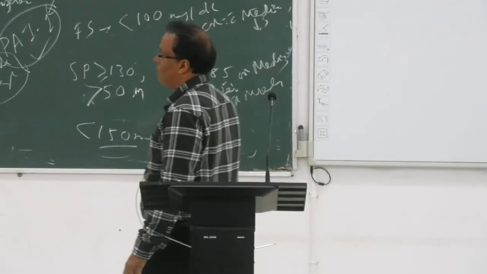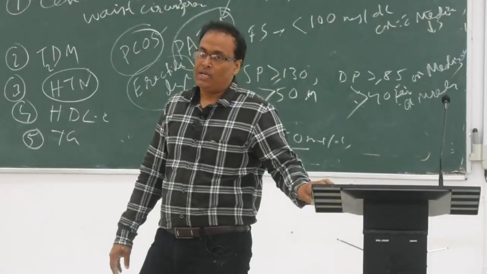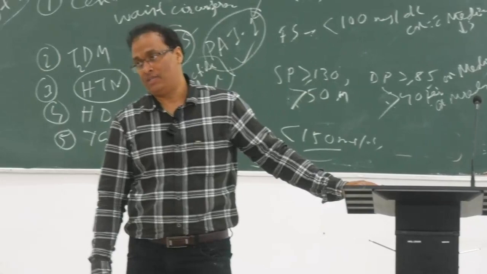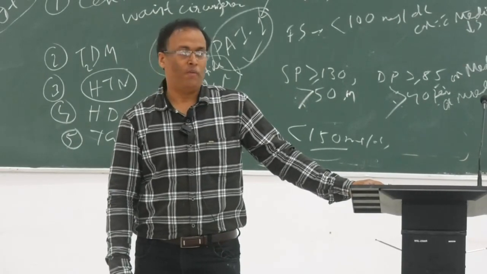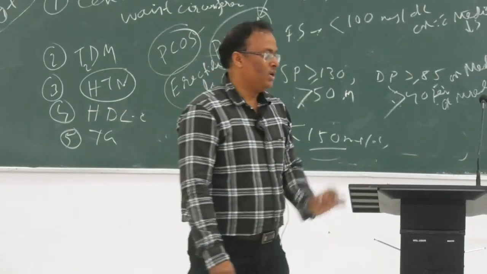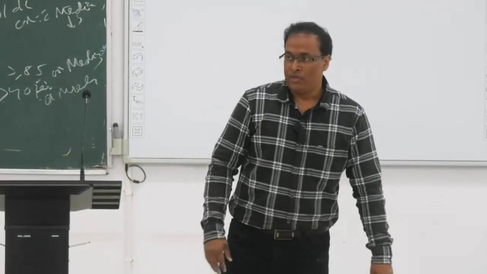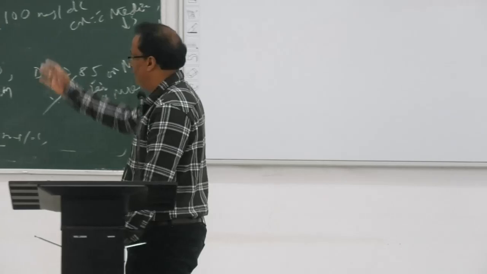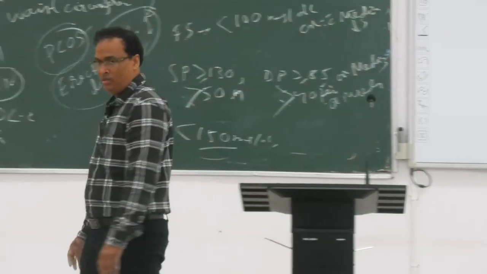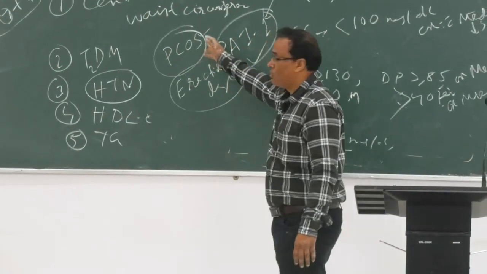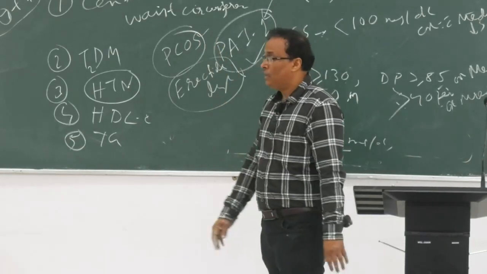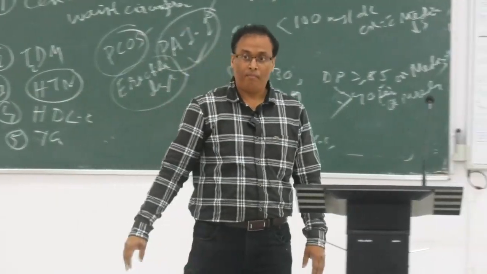Similarly, metabolic syndrome and colon cancer are very much dependent. Obese patients with metabolic syndrome may have a chance of colonic CA, that is colon cancer. So cancer, then PCOS, polycystic ovarian syndrome in females, and erectile dysfunction in males.